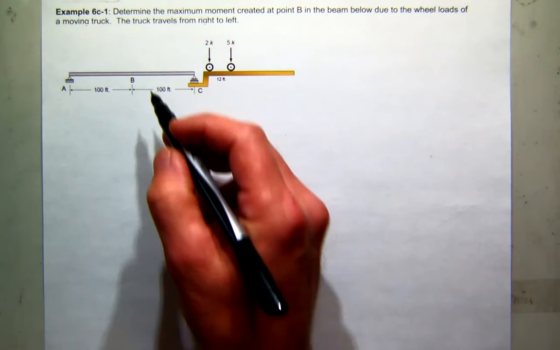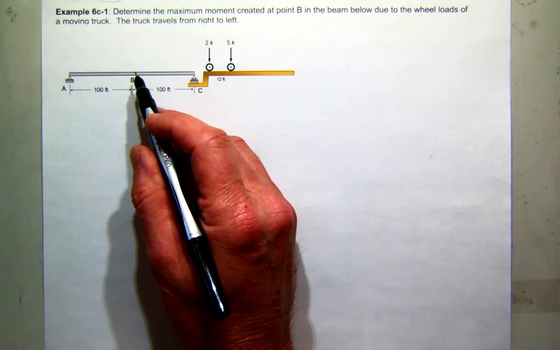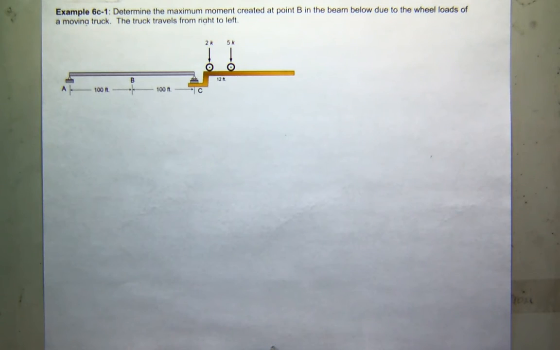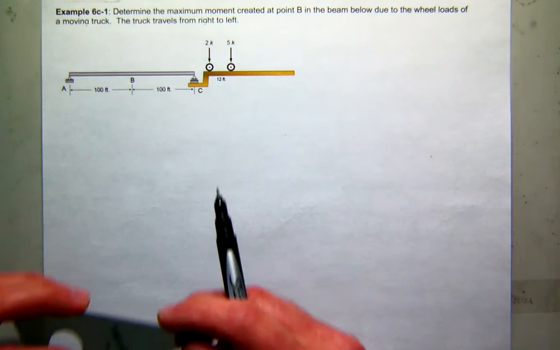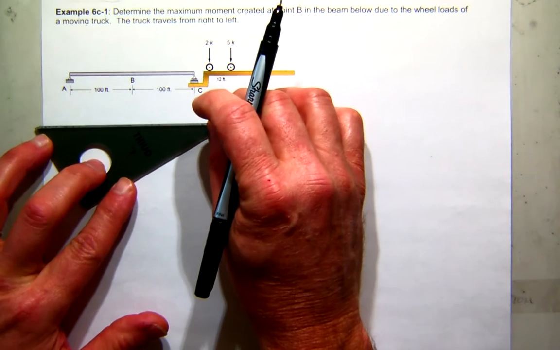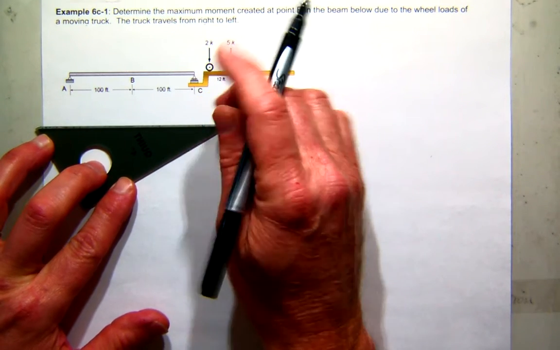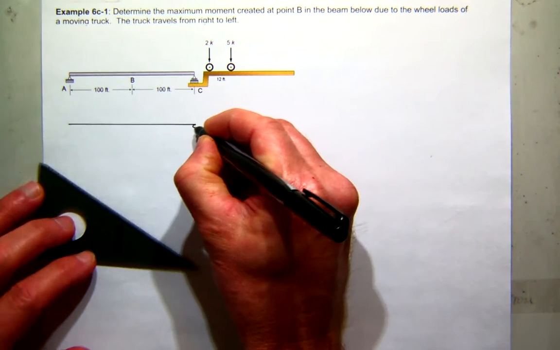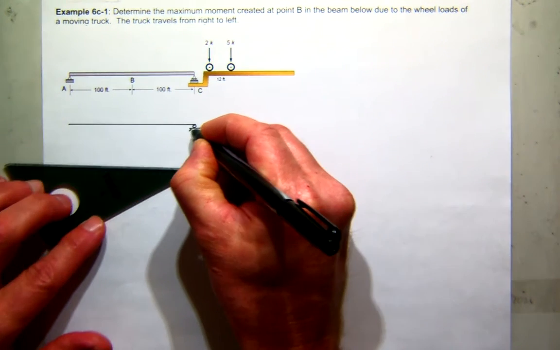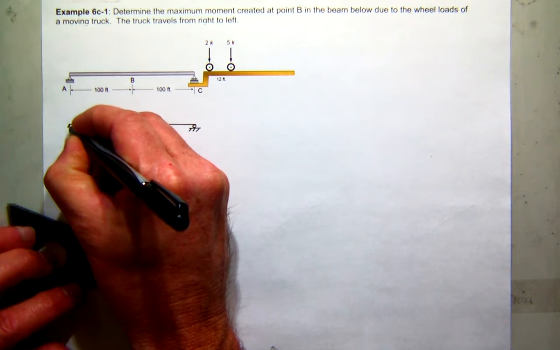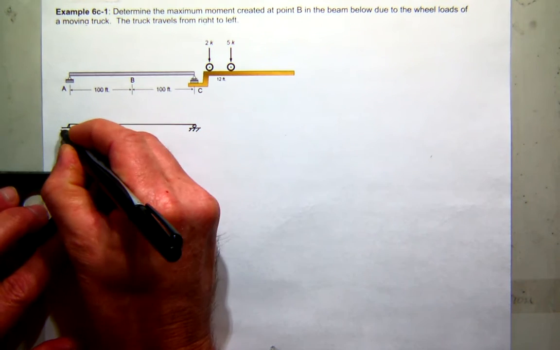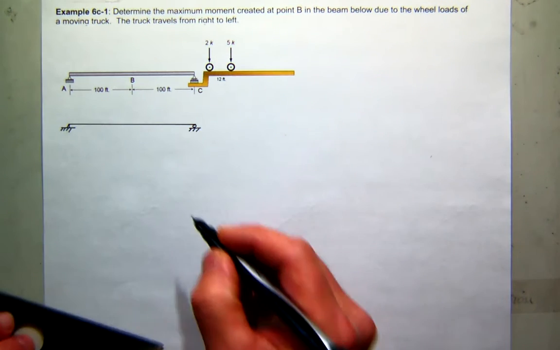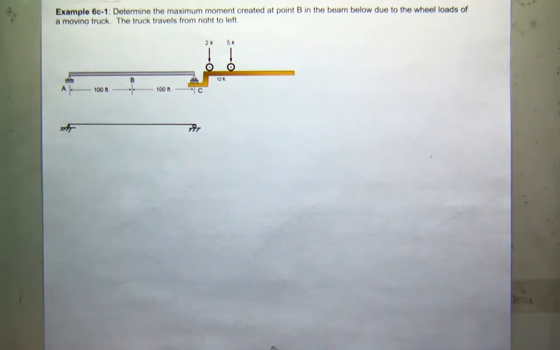So the first thing we need to do is find our influence line for the moment at B. So remember our strategy before, and it will be the same again: we'll first use the Mueller-Breslau principle to get the qualitative shape. So there's my simple supported beam.